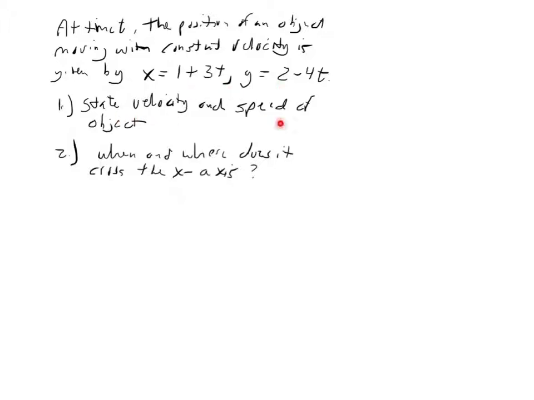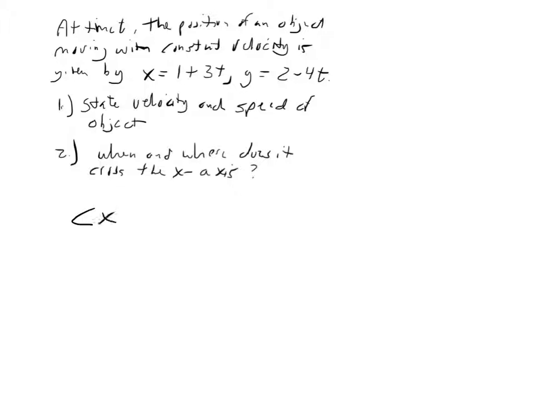So we're first asked to state the velocity and speed of the object. If I look at this system of parametric equations here, can I come up with what my vector equation would be for this situation? Certainly I can.